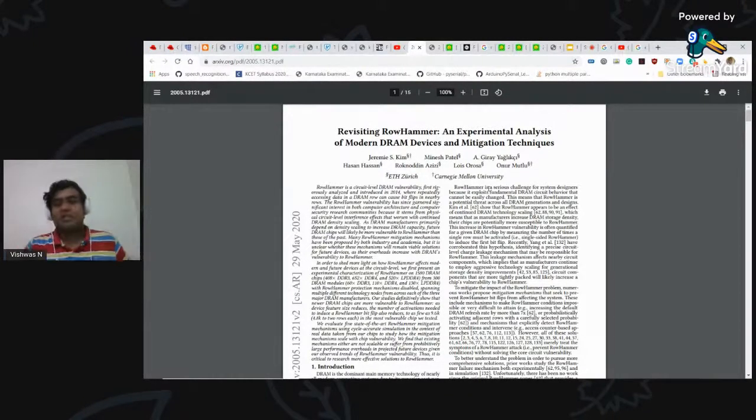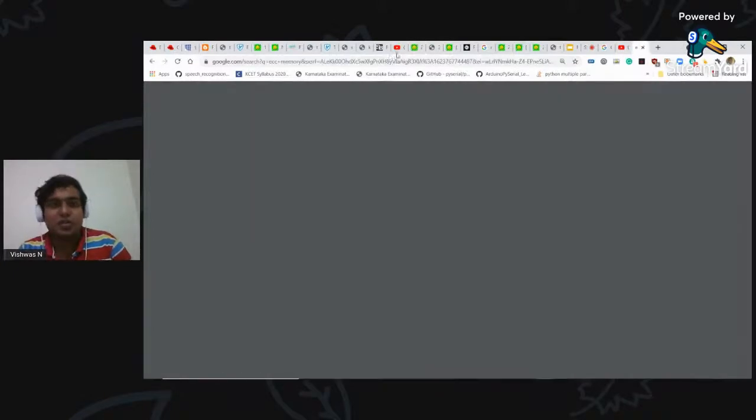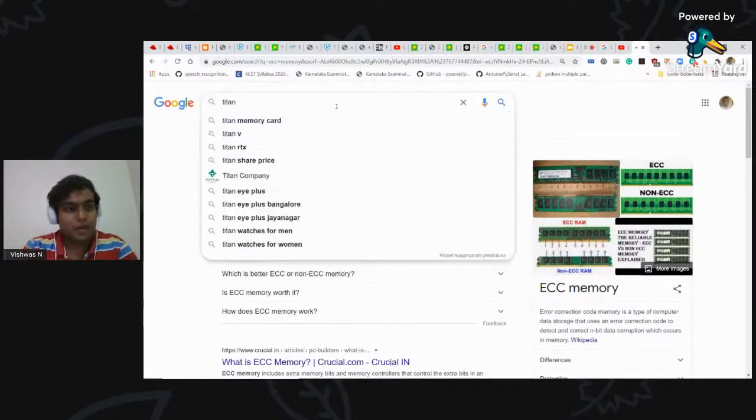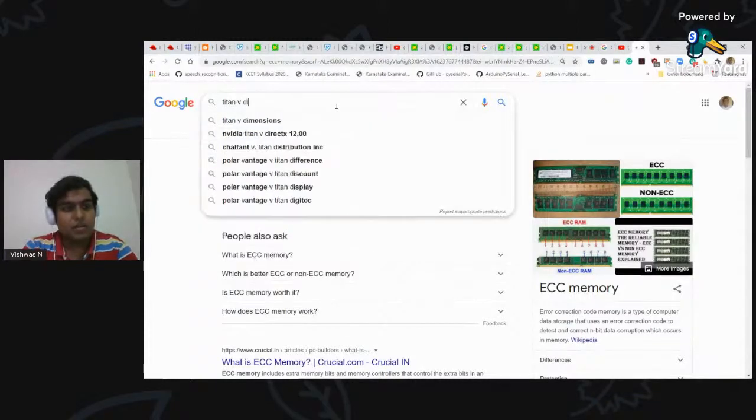So even if you have the best of the best code, I think the Titan 5 rocket disaster should be the best example.